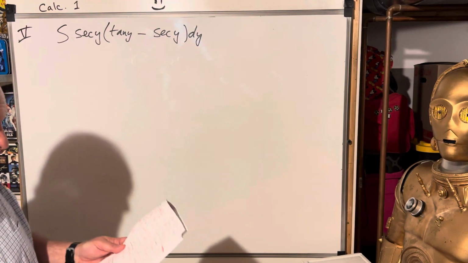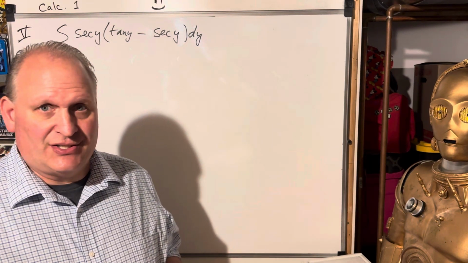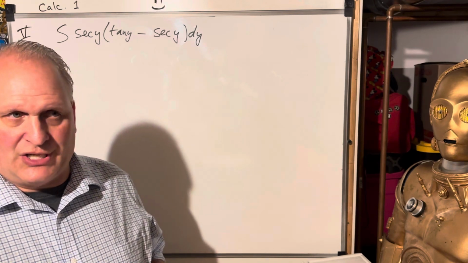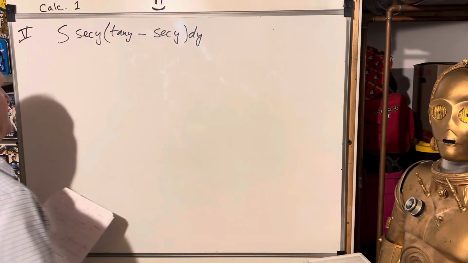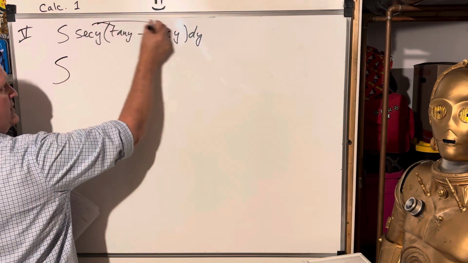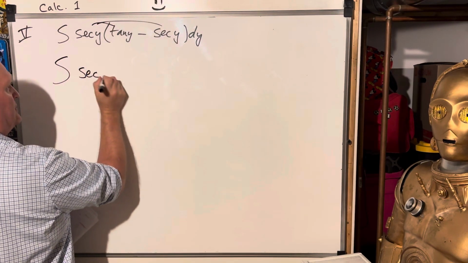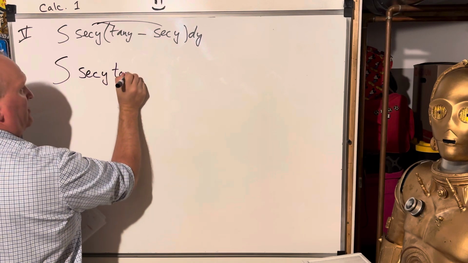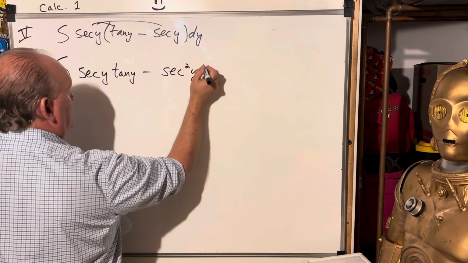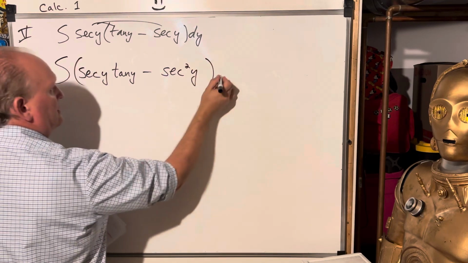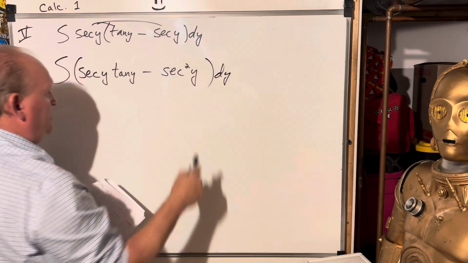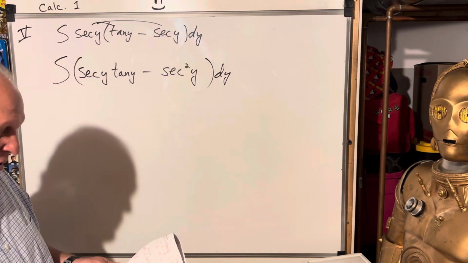I've done that already, and sometimes with integration, you try something and then you end up just crossing it off and either starting over or erasing it or what have you. In this case, I'm going to rewrite it. I'm going to distribute, but you should recognize these as secant tangent and secant squared, both of those.